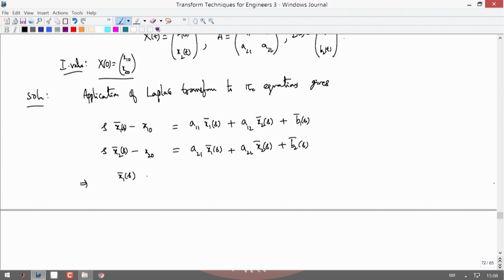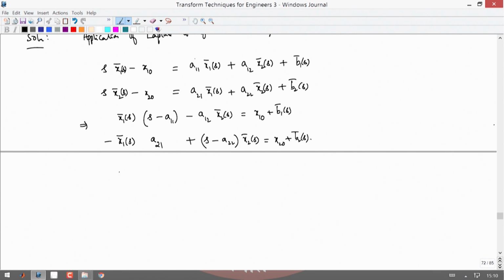Putting the coefficients together, the coefficient of x1 bar of s is s minus a11, and you bring a12 x2 bar of s to this side, so it is minus a12 x2 bar of s, equal to x10 plus b1 bar of s on the right-hand side. For the other equation, you bring a21 x1 bar of s to this side, giving minus a21 x1 bar of s plus s minus a22 times x2 bar of s, equal to x20 plus b2 bar of s.